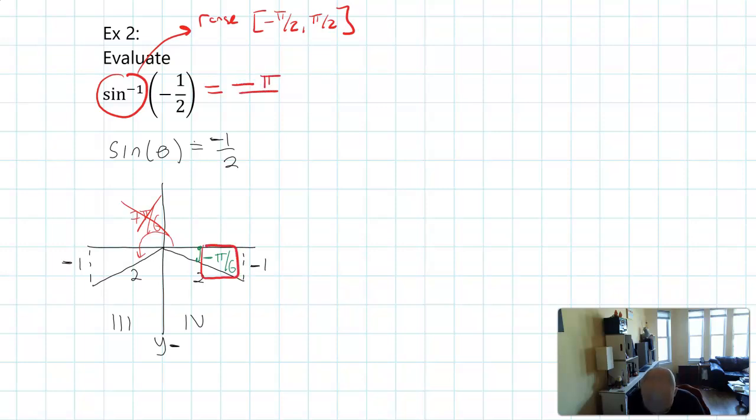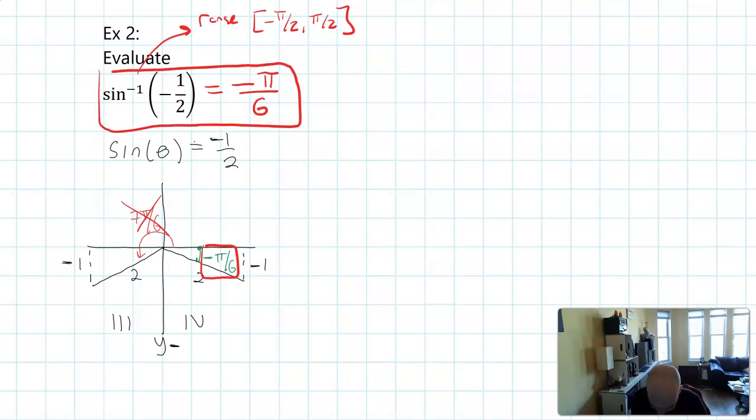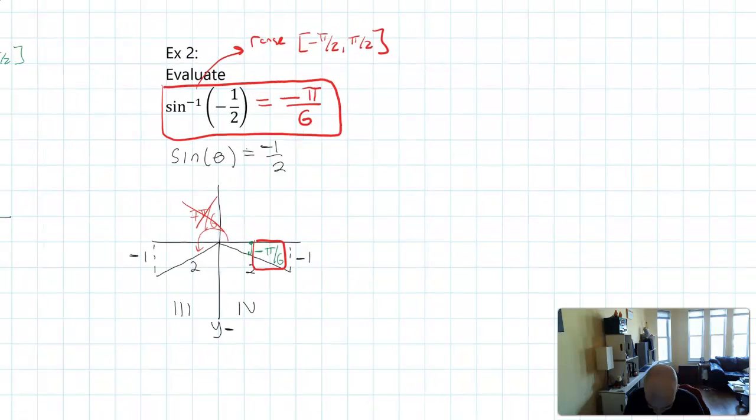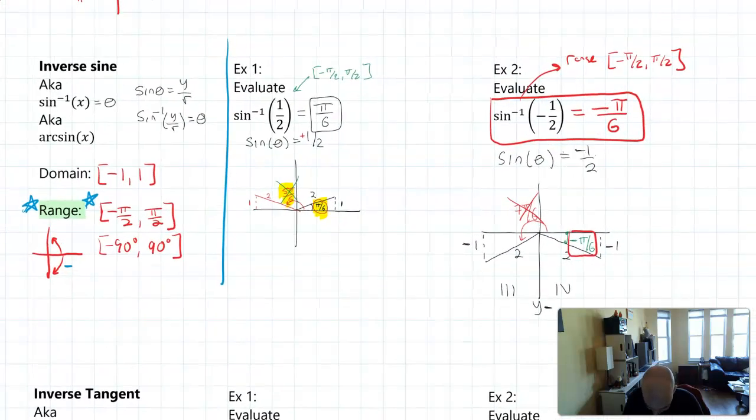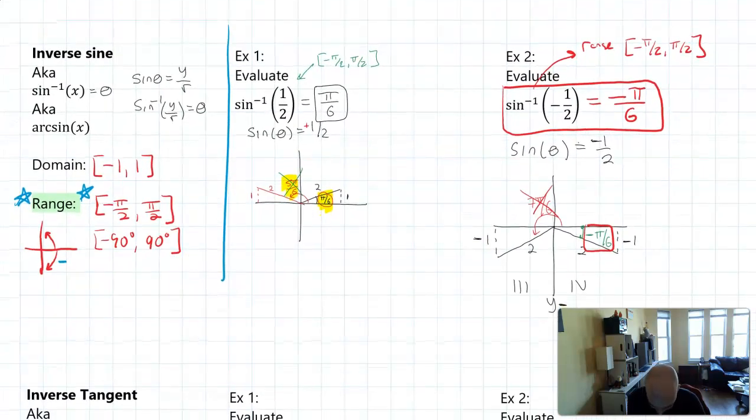So I'll report the answer -pi over 6 for sine inverse of -1/2. And here is the sine inverse everything together. Again, if nothing else, make sure you know this range restriction for the inverse sine function.